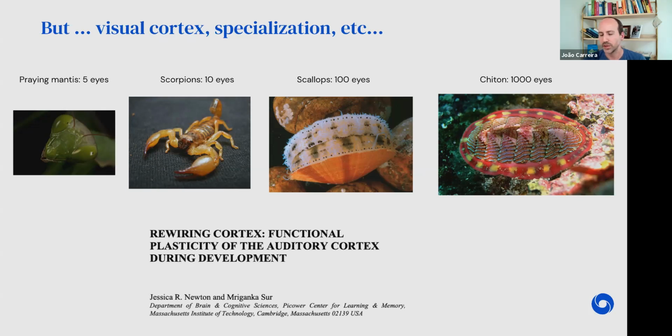So if you consider all the different bodies and animals that exist, they all have a nervous system that makes good use of their sensors, independently of whether they have 5 eyes like the praying mantis, or 10 eyes like scorpions, all the way to 1,000 eyes of cheetahs, right? So nature finds a way to make sense of all these senses.